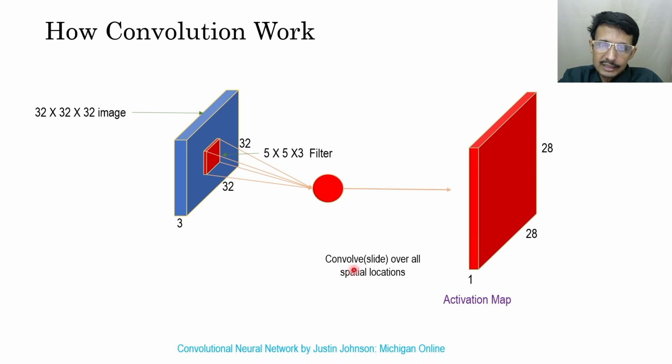If you convolve or slide over all spatial locations, since it is 5 cross 5 on 32 cross 32, we get an activation map that is 28 cross 28. We will see in the next slide how this comes about. It comes from taking every location and putting a single response out of it.